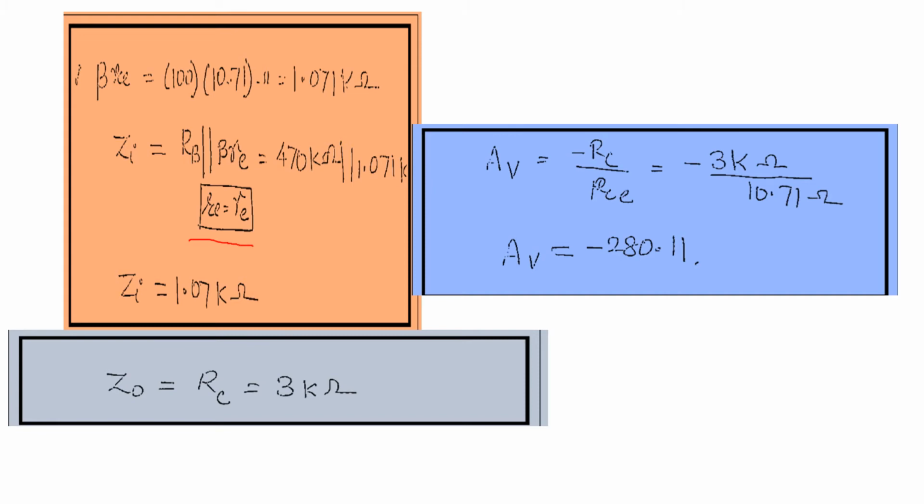RE is nothing but capital RE, small, same thing. So ZI comes out to be 1.07 kilo ohms, Z0 is equal to RC, and AV is minus RC by RE, so it is minus 280.11.